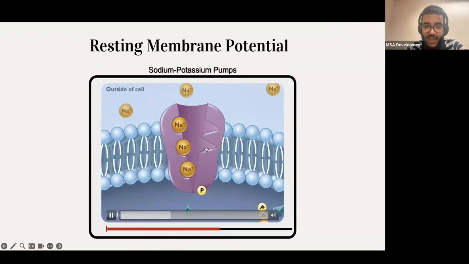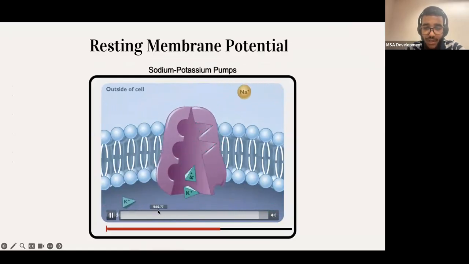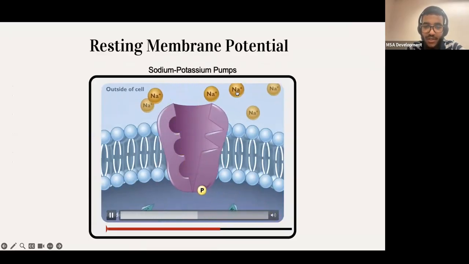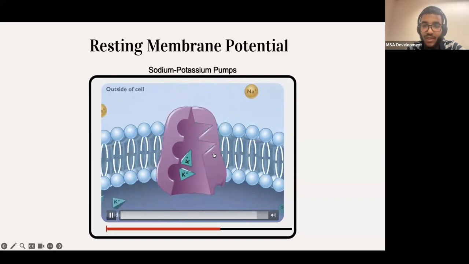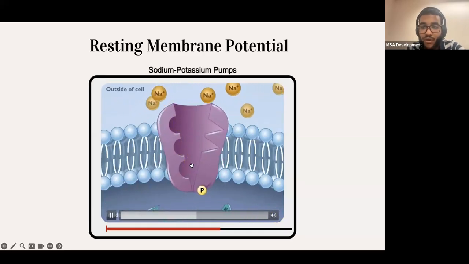So this is the method of action for this channel. It basically takes three sodium ions from inside to outside, and brings two potassium ions from outside to inside. So it's opposing the concentration and electrical gradient, and that's why it needs energy, because we're opposing the natural flow of the ions.